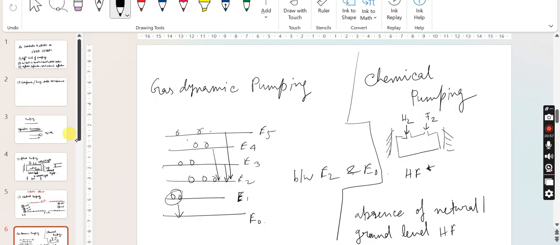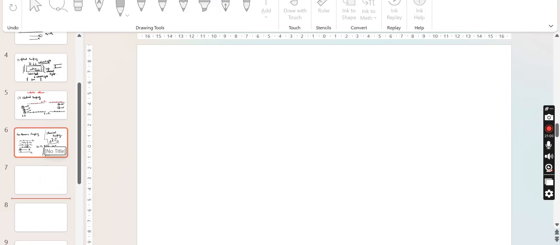So that is how population inversion is created using chemical pumping.